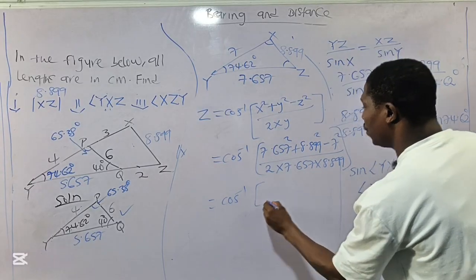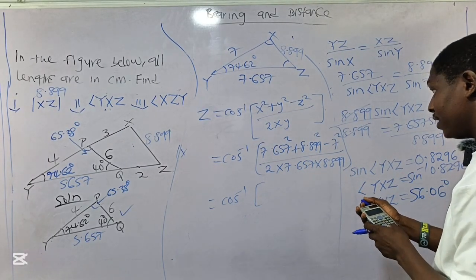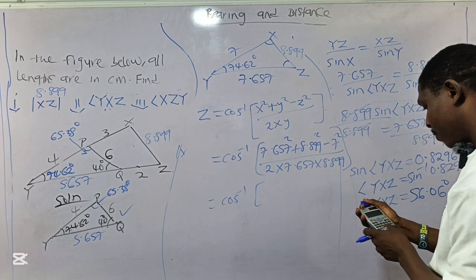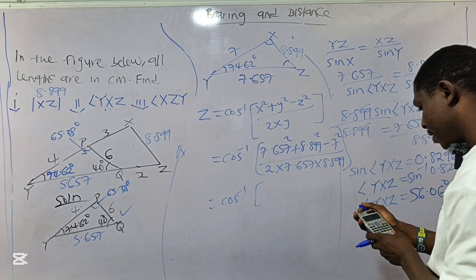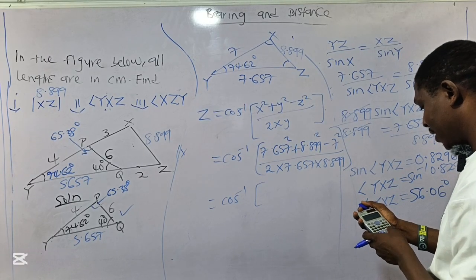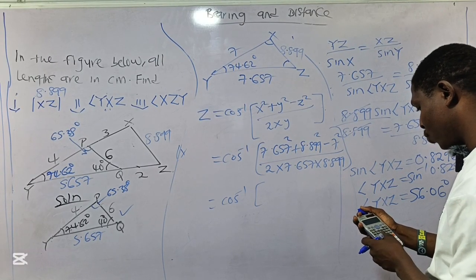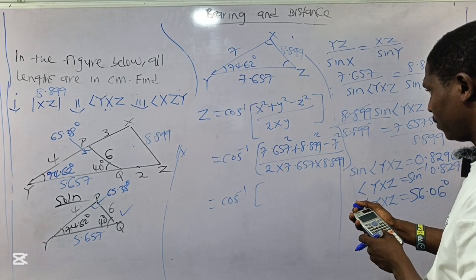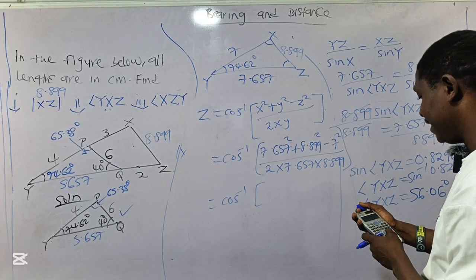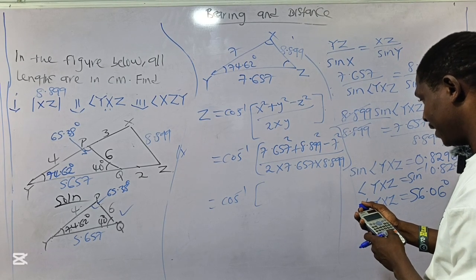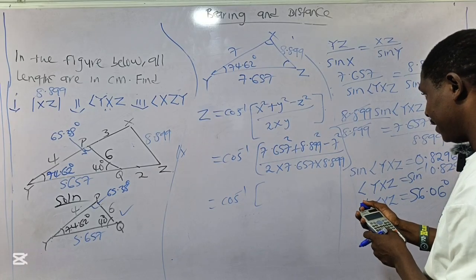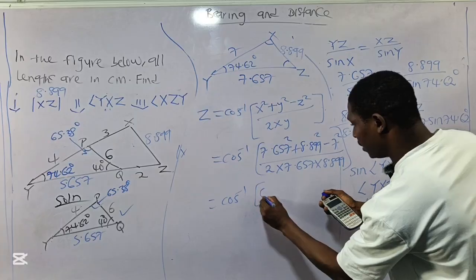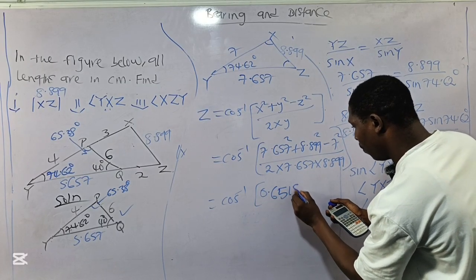And I want to resolve everything there at once: 7.657 squared plus 8.899 squared minus 7 squared equals this, divided by the denominator, 2 times 7.657 times 8.899, and I'll have this as 0.6518.